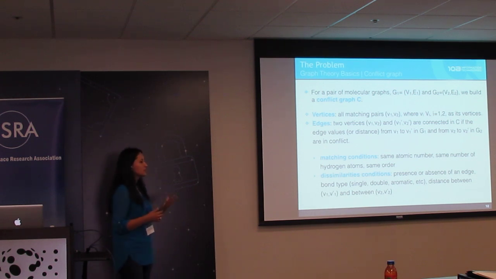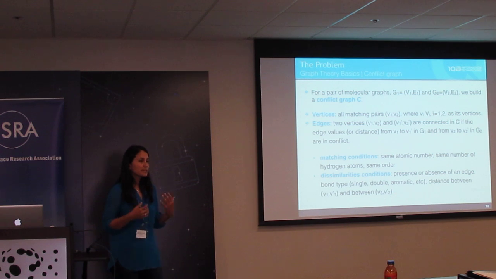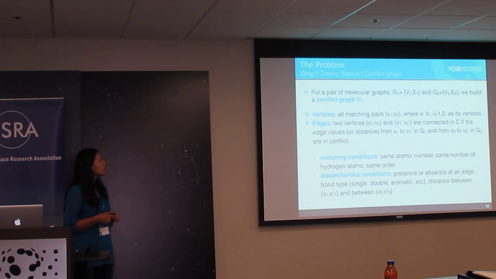When you write an edge between two nodes in the conflict graph, you are looking for these similarities in the original two graphs. So if you have an edge in one of the graphs and that edge is missing in the other graph, that raises a conflict, so you draw an edge between those two nodes in the conflict graph.